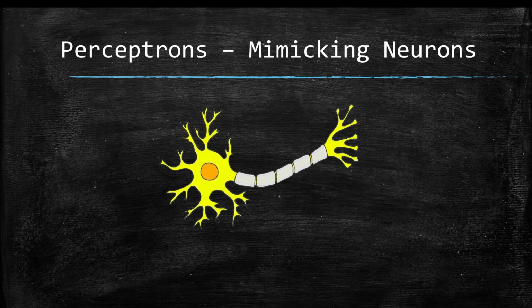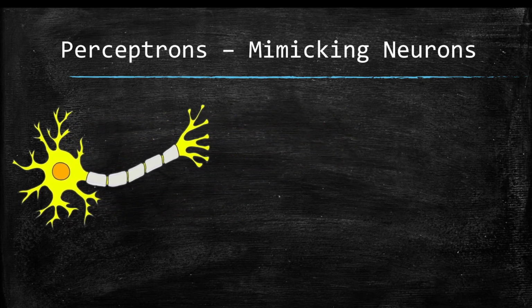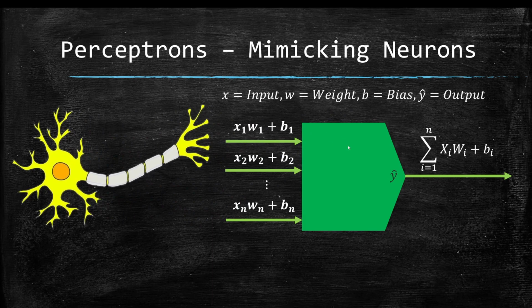And so what we're going to do is build a perceptron, which is a mathematical model of that neuron. So what does this look like? Okay, it looks like this. All right, so here is our perceptron. And we have a whole bunch of inputs. Each line going into this guy is an input. And for every input, we have the input value, which is the amount of electricity coming in from our prior guy.